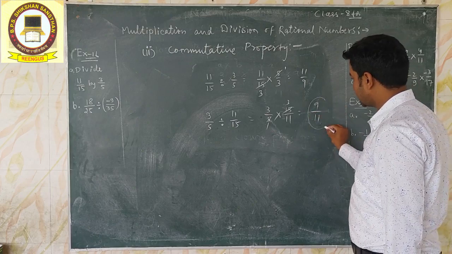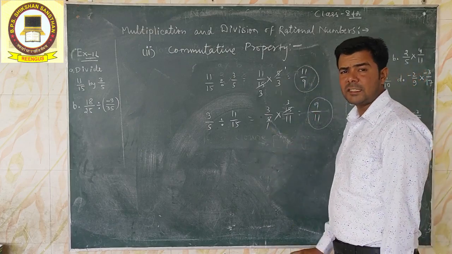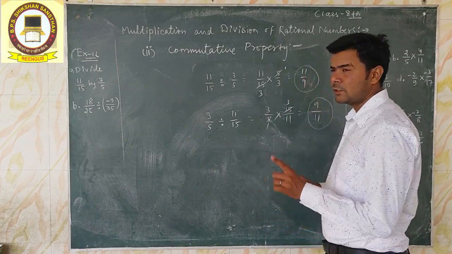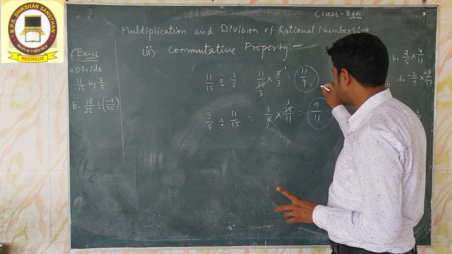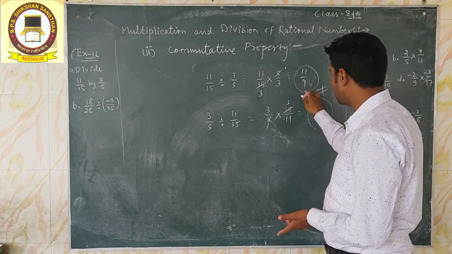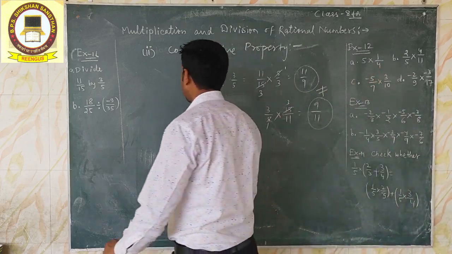Now you check the answer. This is 9 by 11 and this is 11 by 9. Are these the same number? The answer is no. These two rational numbers are not equal. So what can we say here?